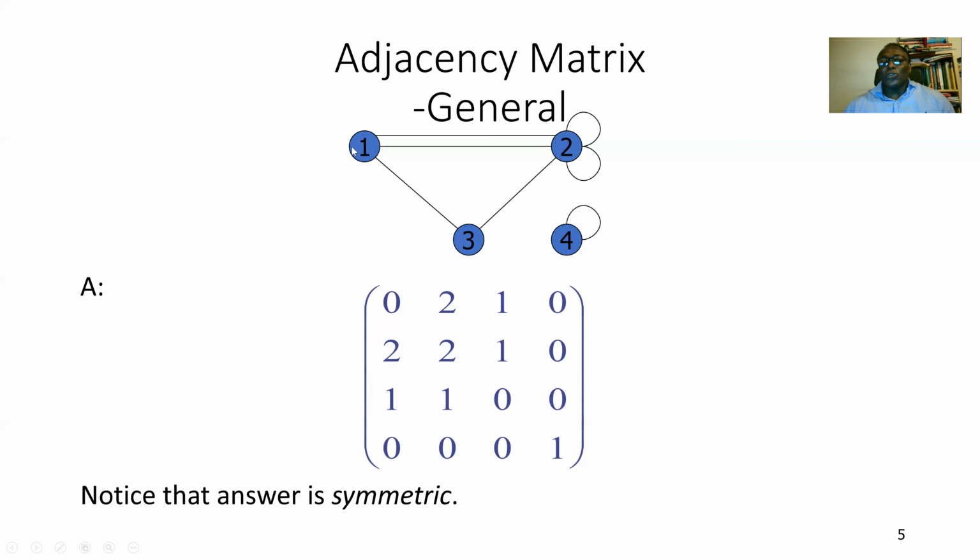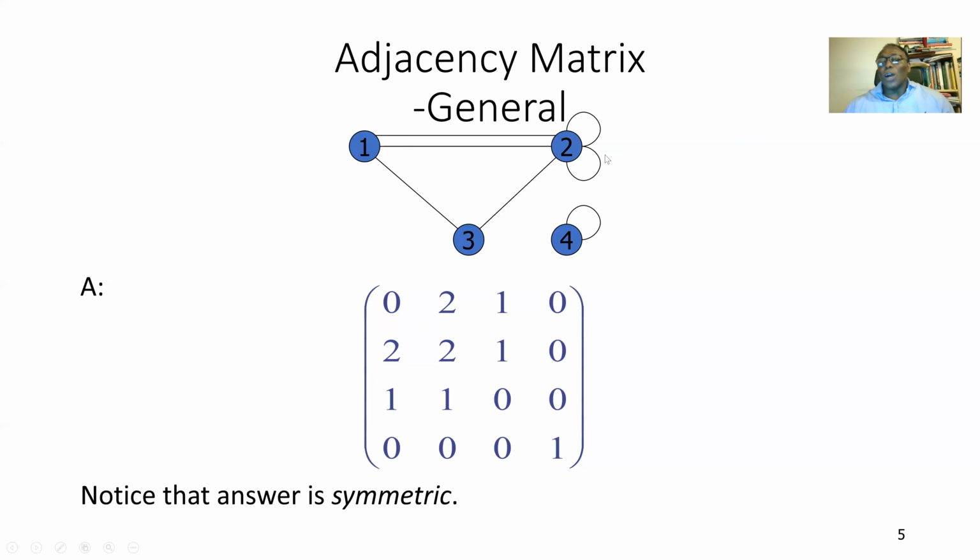So I'm in vertex 1, and my first row will start from here. Row 1, column 1, 0, because there's no loop. 1 to 2, row 1, column 2, I have 2. 1 to 3, it's only 1, so column 3 is 1. 1 to 4, there's nothing, so it's 0. I'm finished with the first row.